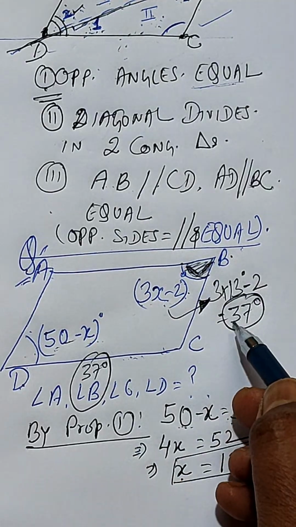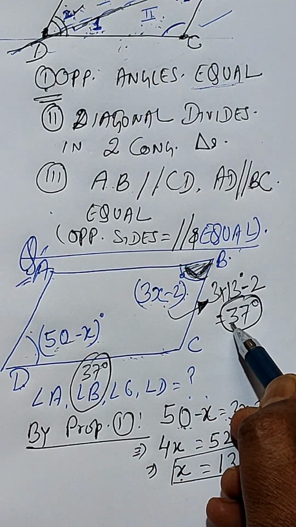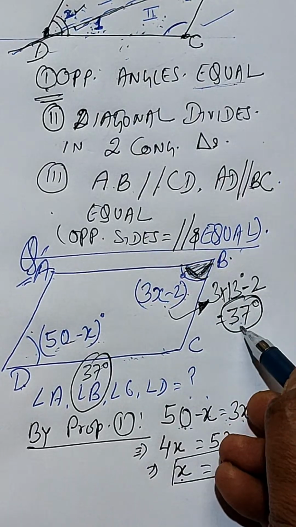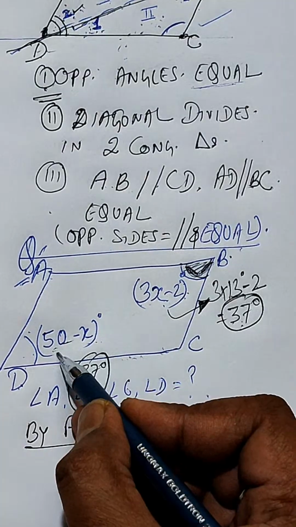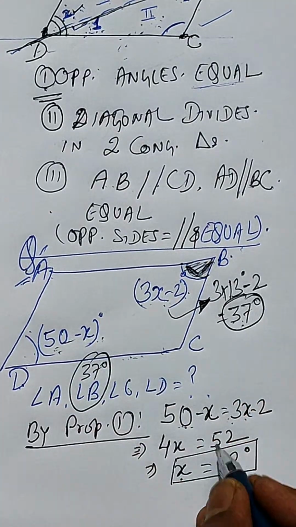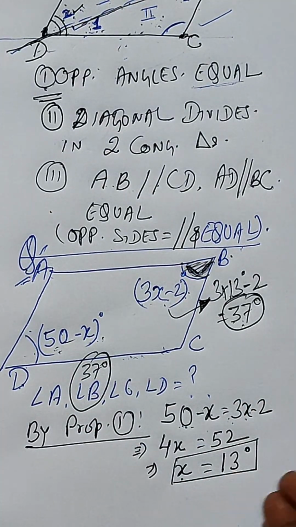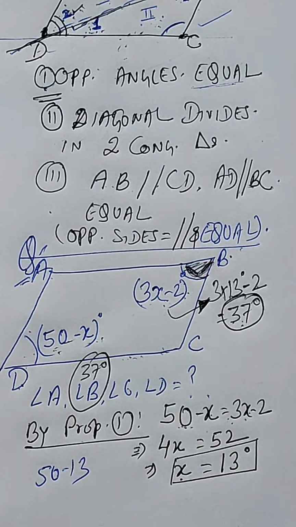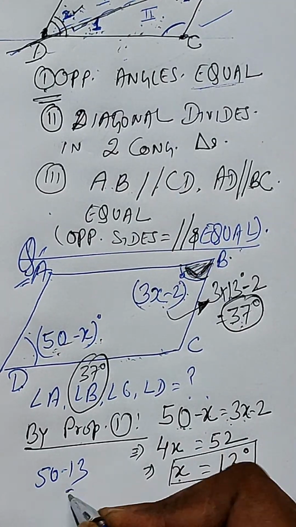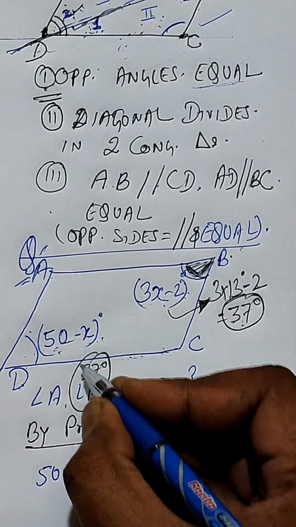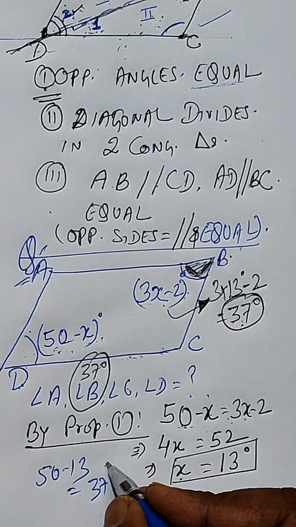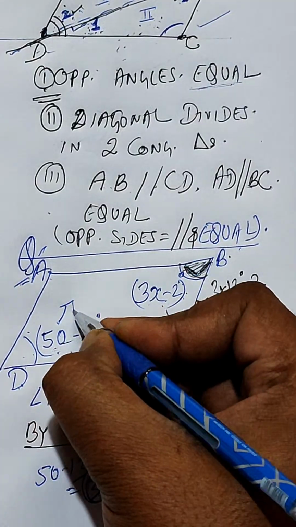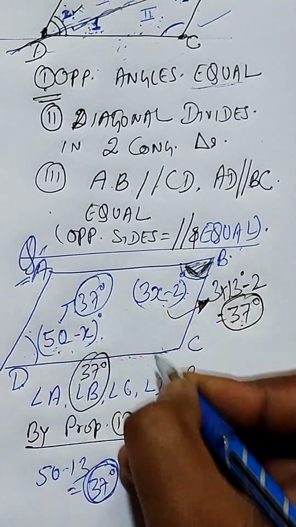So you can directly put the value over here, right? 50 minus x is equal to 50 minus 13, which will be coming as 37 degree, right? So 50 minus x is, you can see, the same value, 37 degree. So the value of this angle D is calculated as 37 degree.